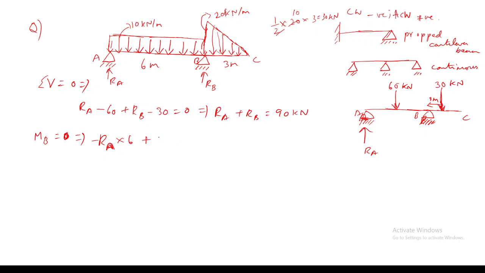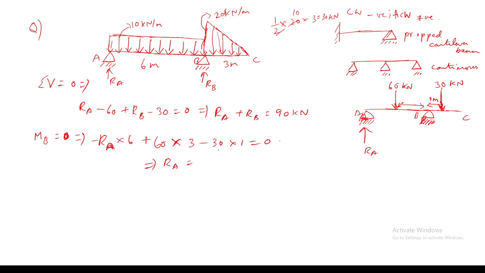So I am taking it as positive. 60 into the perpendicular distance, 3 meters. And due to 30, I will be getting a clockwise moment or anti-clockwise moment? Clockwise. So it is negative. 30 into 1, which is equal to 0. So from here I will calculate the value of RA.